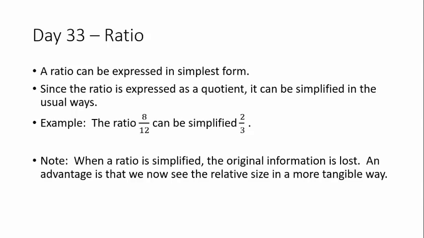When that ratio has been simplified, we lose that original information. But we do have an advantage because now we see relative size in more tangible ways. I think it is more understandable to think about 2/3 than 8/12 in terms of relative size, since we're familiar with 2/3.